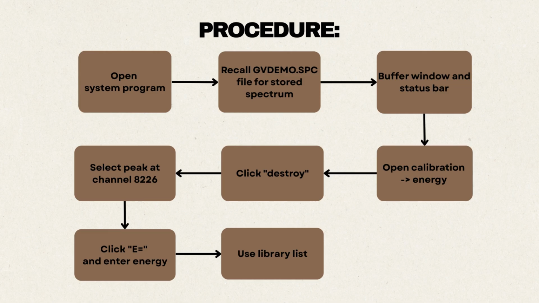Secondly, the file gv-demo.spc was recalled and a buffer window will open. Next, the selection for energy is selected and destroy is clicked to remove any existing data. The channel 8226 was then picked as the peak, then energy was entered into the system. Lastly, the library list was used as a reference to identify the calibration peak.